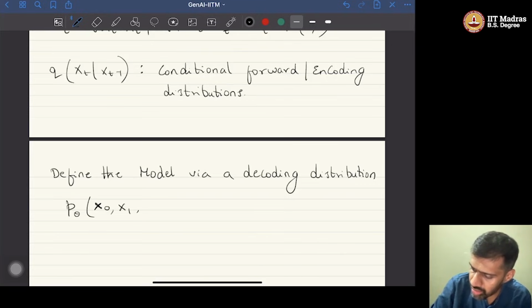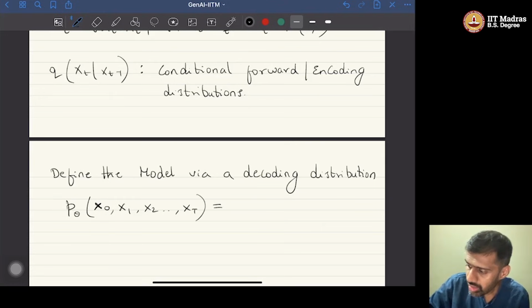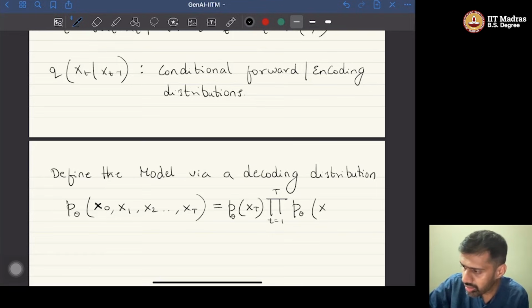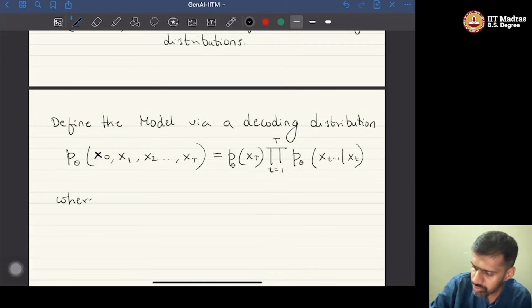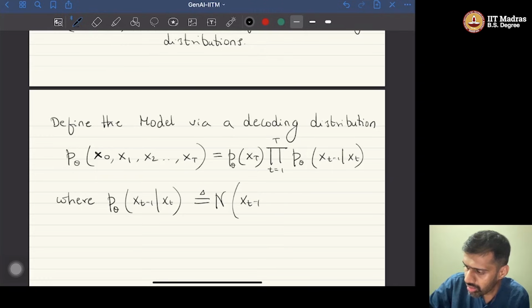So we'll define that as p theta of x0, x1, x2 up to x capital T. This is equal to p theta of x capital T times the product from t equal to 1 to capital T of p theta of x t minus 1 given x t, where p theta of x t minus 1 given x t is defined to be a Gaussian distribution on the t minus first random variable, and the mean is given as mu theta, the variance is taken to be some sigma theta.